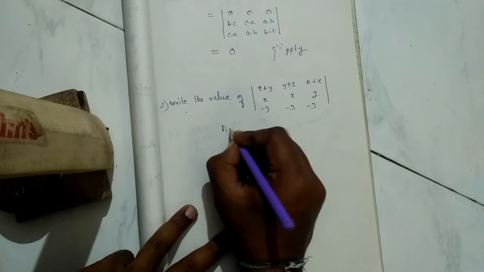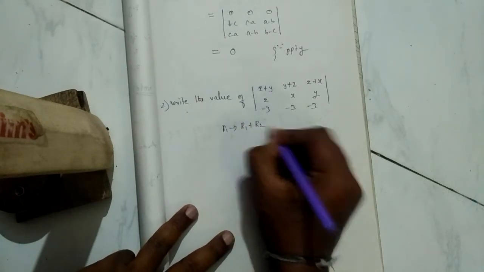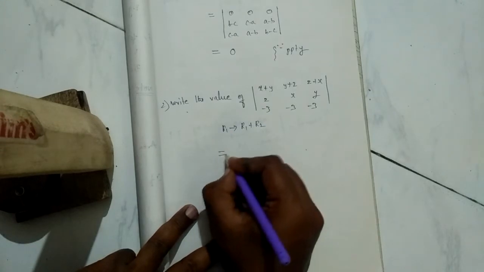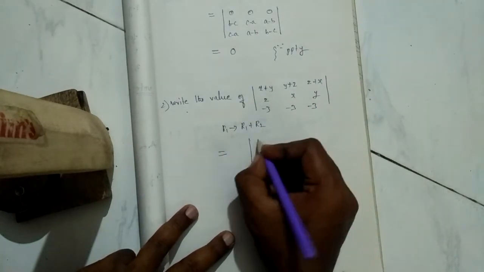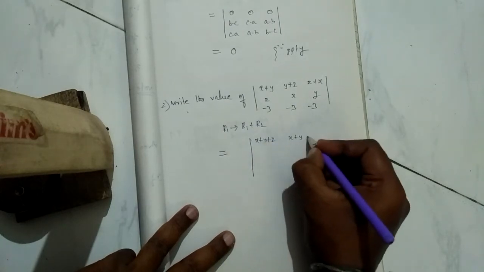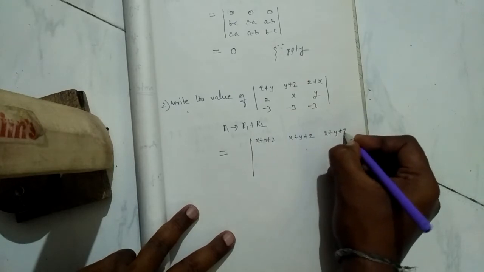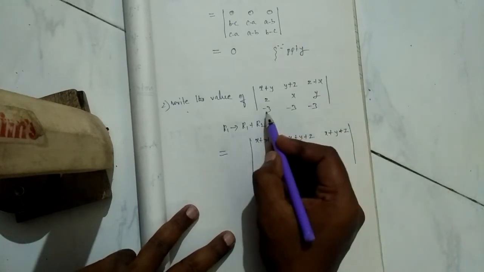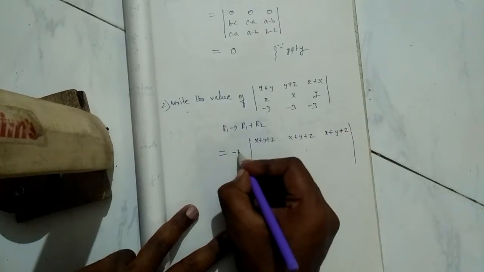So row 1 tends to row 1 plus row 2. In this determinant, you will get x plus y plus z everywhere. You see one row is full of multiples of 3, so now you can take the 3 outside.